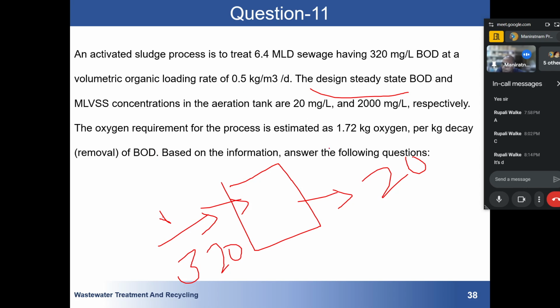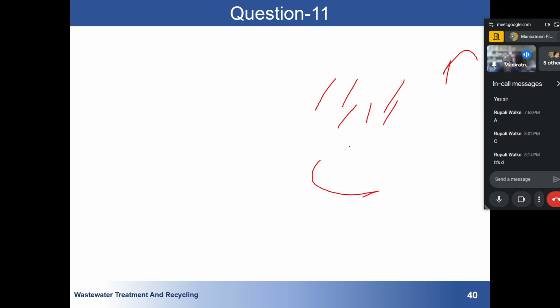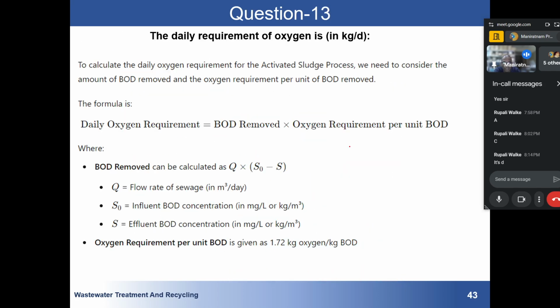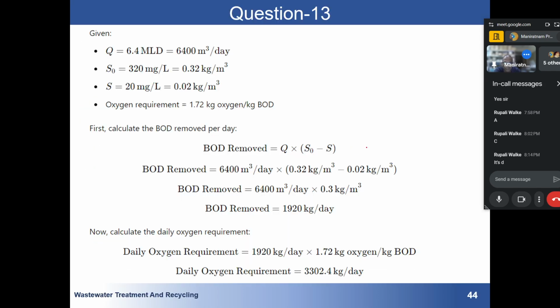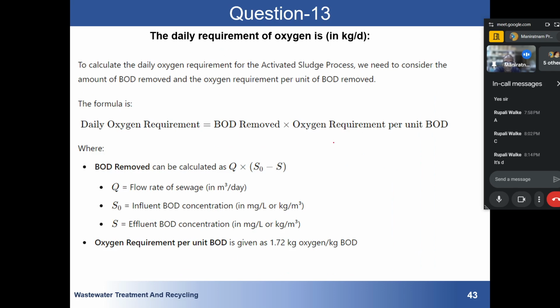I don't remember if it is exactly 1.72, but by writing the chemical reaction, you can derive how much oxygen is required for the degradation of 1 mole of organic matter. I will check this at the end of the lecture.